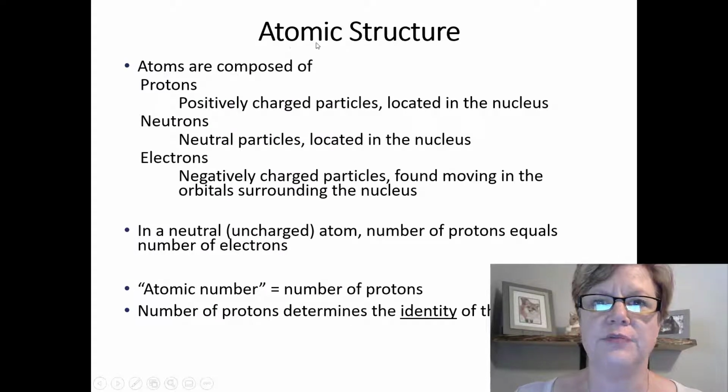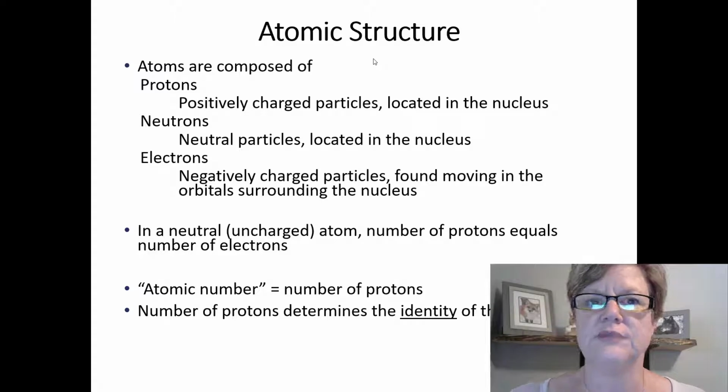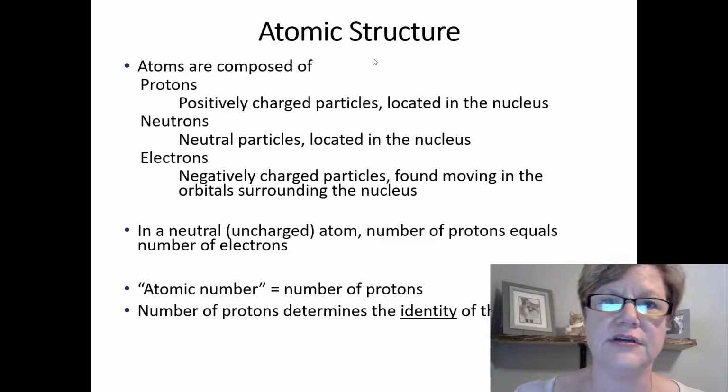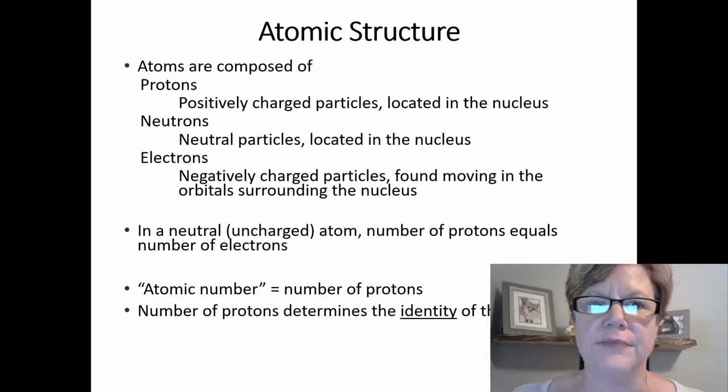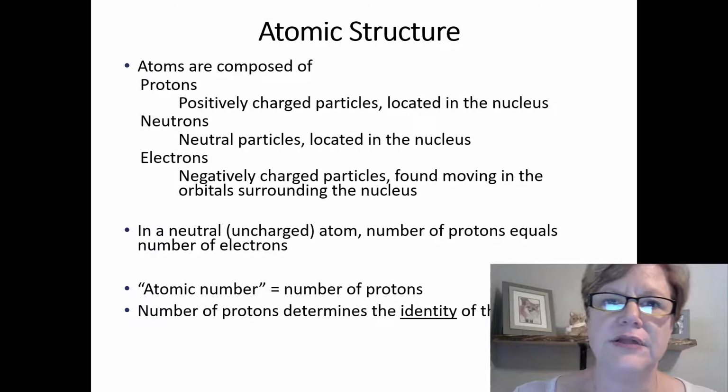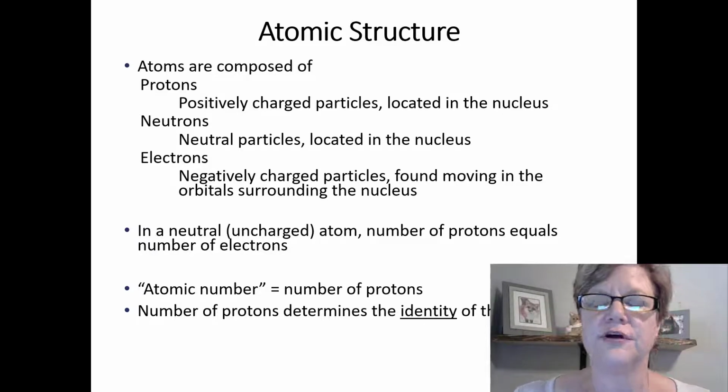So the atomic structure. What is the structure of an atom? Atoms consist of smaller particles that are sometimes called subatomic particles, S-U-B-A-T-O-M-I-C, meaning smaller than the atom itself. An atom is made up of smaller particles called protons, neutrons, and electrons.